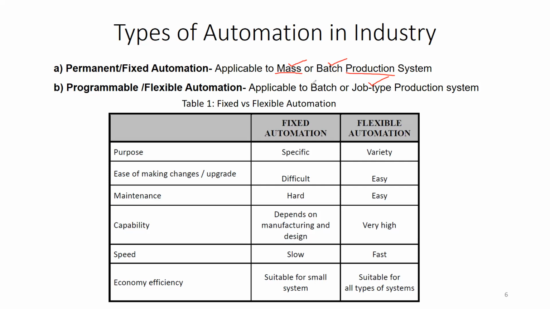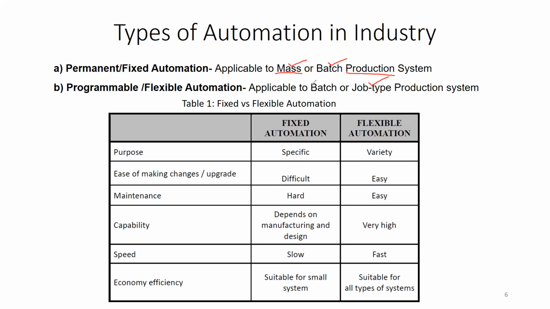Thirdly, we have the job type of production system. Job type of production system is generally focused on producing a single product during its given time duration. So what could be the example of a job type of production system?